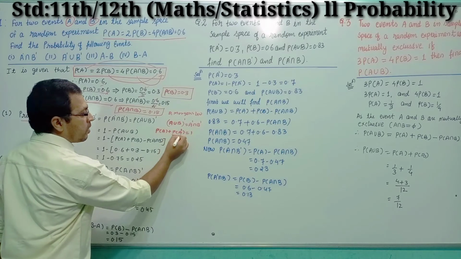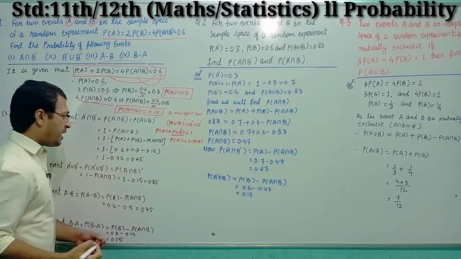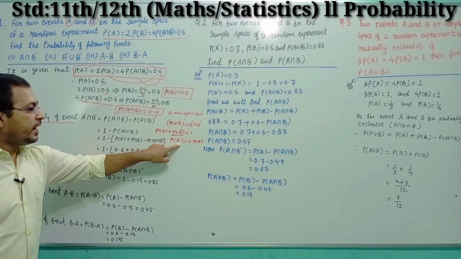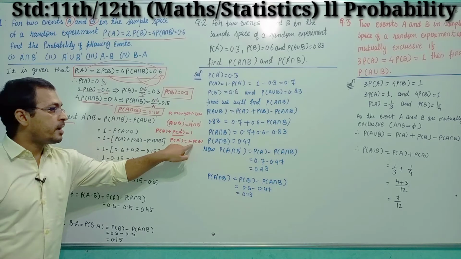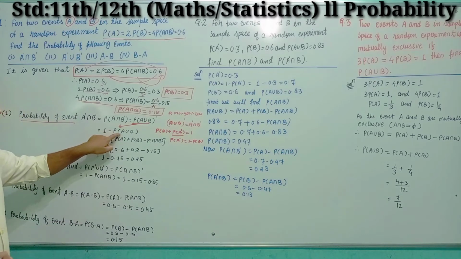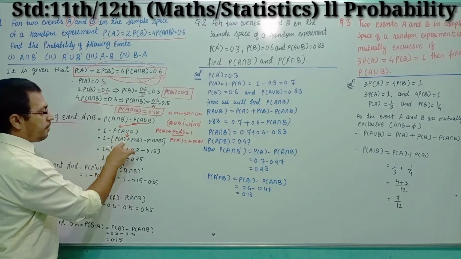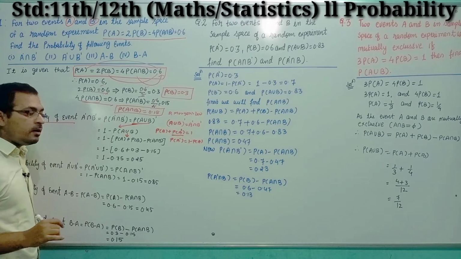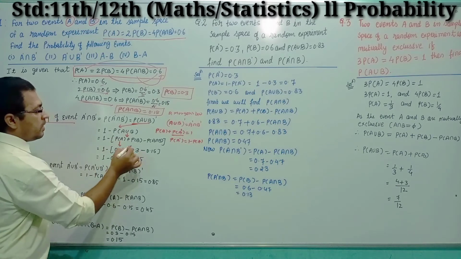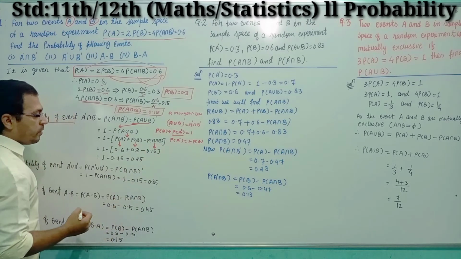You want to find out the complemented event of P of A, so P of A dash is 1 minus P of A. Similarly, P of A union B dash can be written as 1 minus P of A union B. We know that P of A union B is P of A plus P of B minus P of A intersection B. From the above data, the value of P of A is 0.6, the value of P of B is 0.3, and the value of P of A intersection B is 0.15.